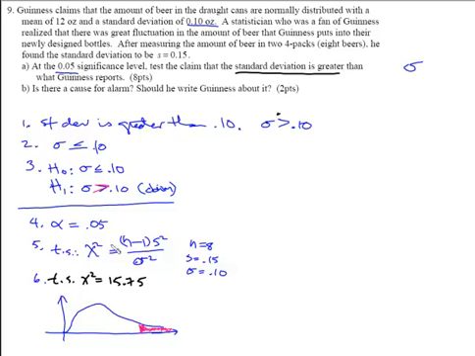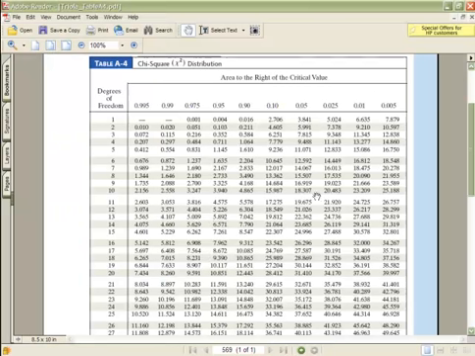Since it's one tail, we're taking all of our significance level, and so the total area to the right is 0.05. This information is important for us to figure out how to find our value.